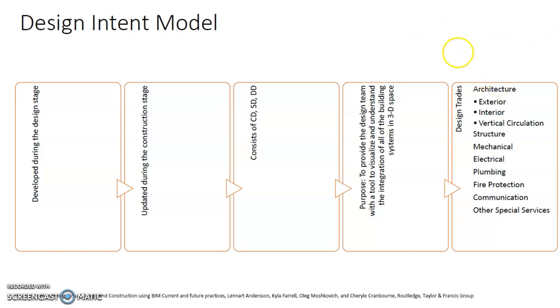If they were to do their own design in their own so-called private silo, there is going to be a lot of clashes and a lot of time needed to communicate and resolve issues. So if you can have one model where all the different trades can be working on, then it's easier for the different trades to understand how their design is affecting the other trades, and therefore allow the resolution of all these conflicts to be much easier.